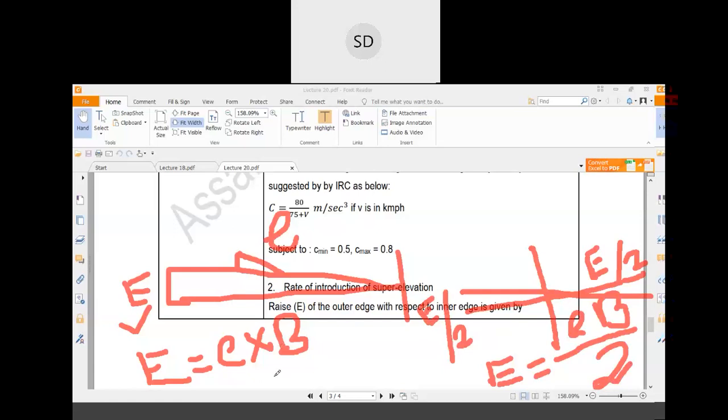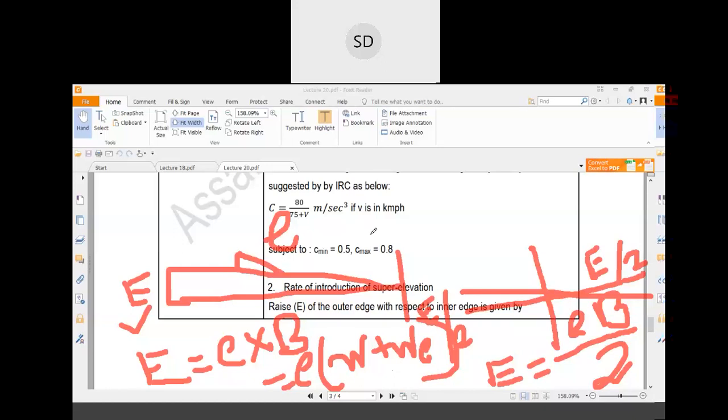And what is B? B is the width of the pavement including the extra widening. So basically it turns out to be e into W plus We, where W is the width of the pavement and We is the extra widening provided.